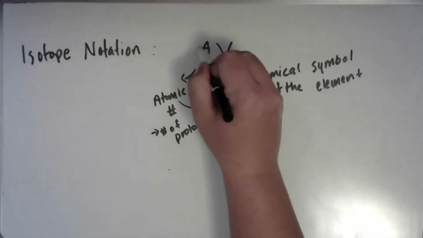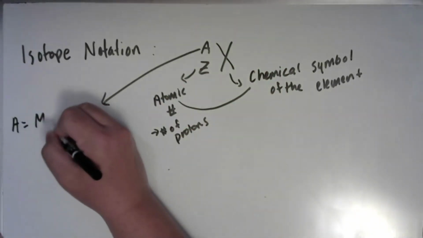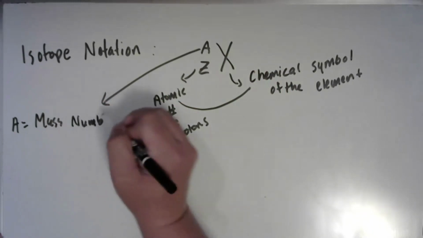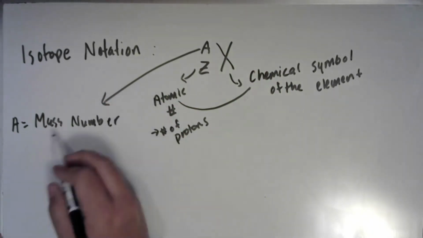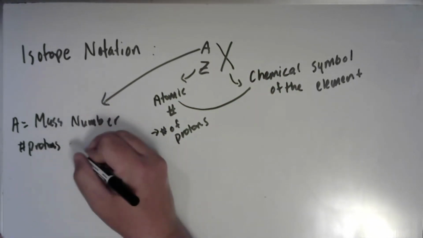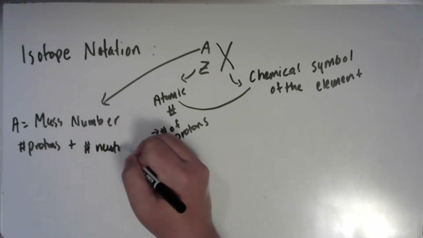And then this A value up here is the mass number, which represents the number of protons plus the number of neutrons.